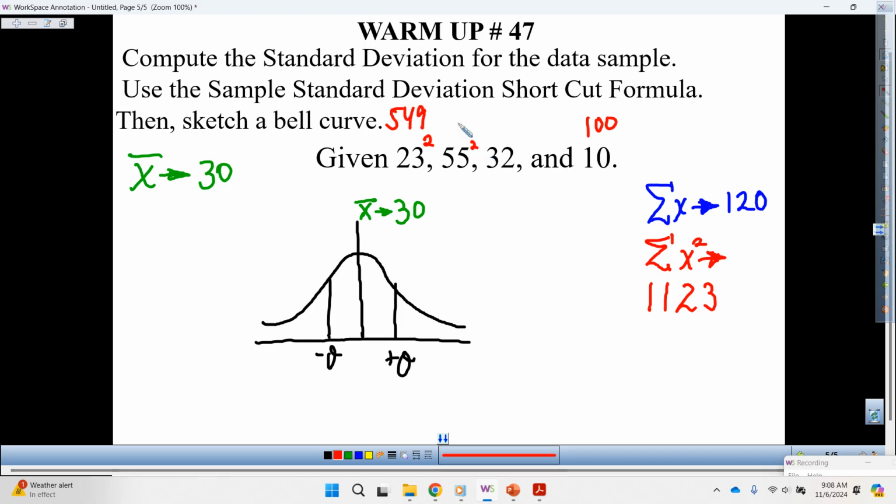What is 55 squared? 3,025. What'd you get for 32 squared? 1,024. Plus 100. All right, so what is the sum of that, AJ?